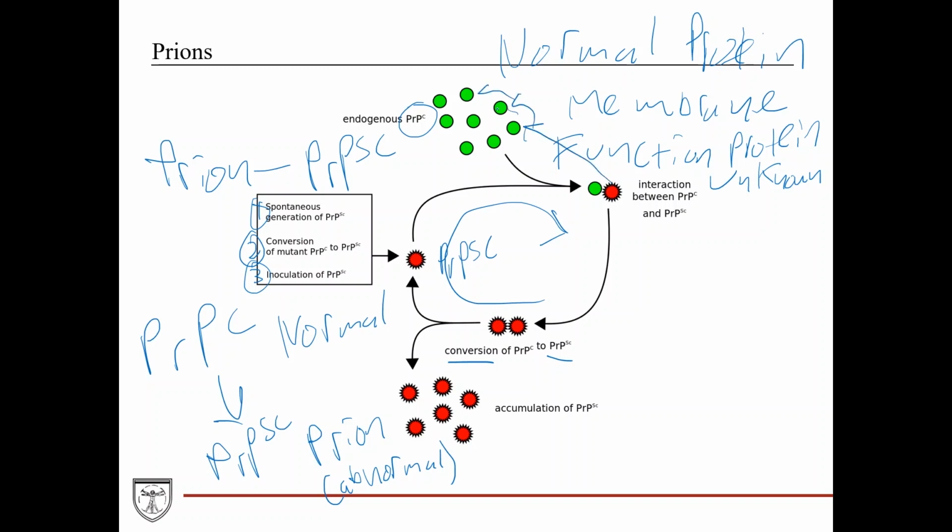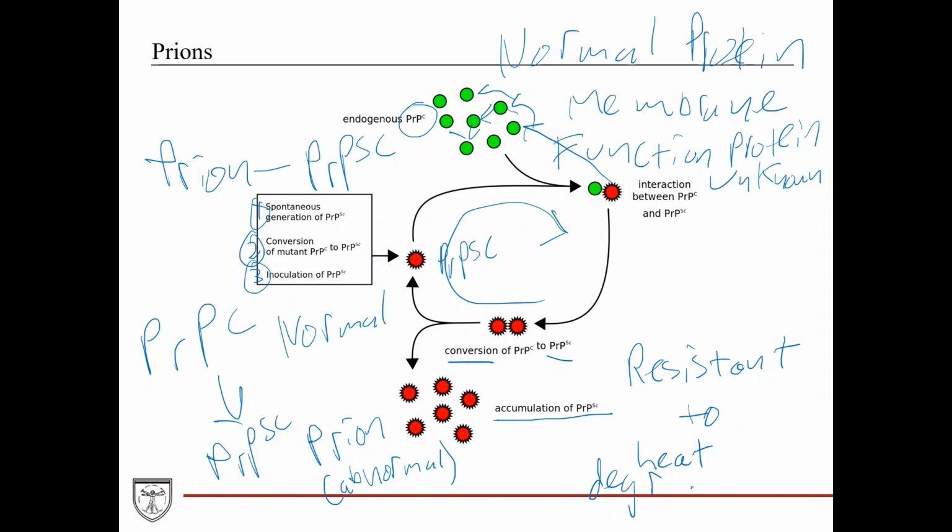This one gets converted and this one can go to that one. You can see it's an ongoing, cyclical process that occurs over time. Then you end up accumulating these, and that's where you get these aggregates. And again, these aggregates are resistant to heat and degradation.